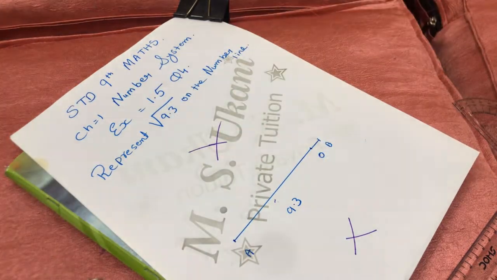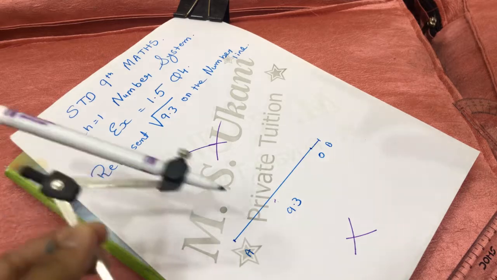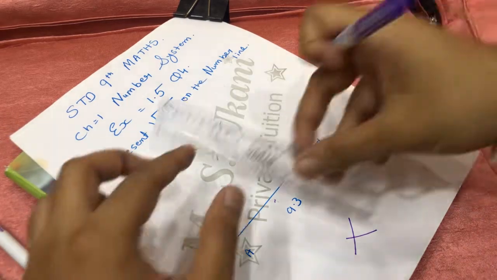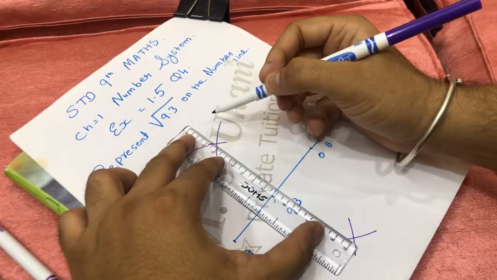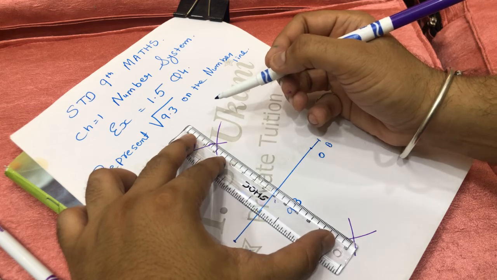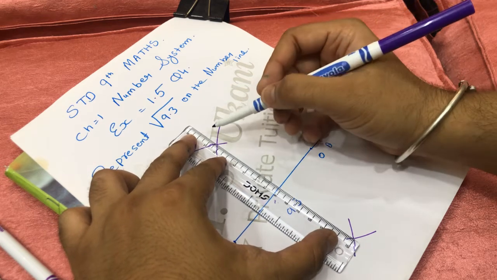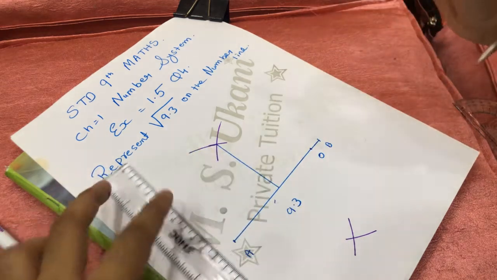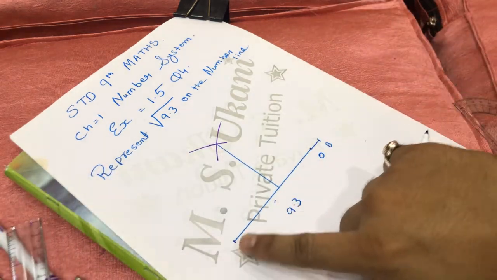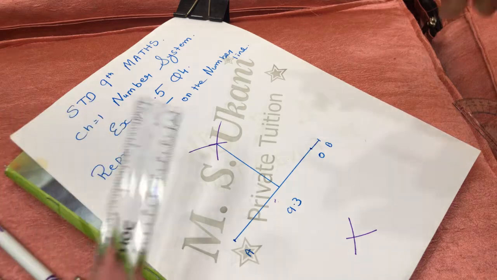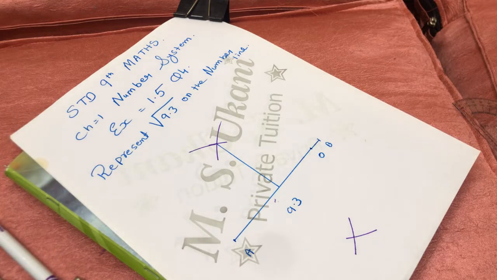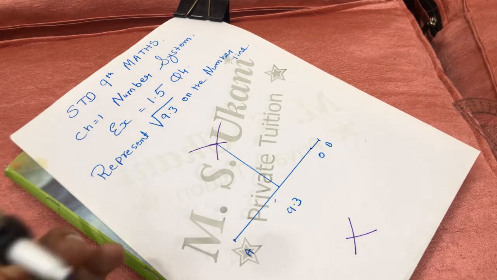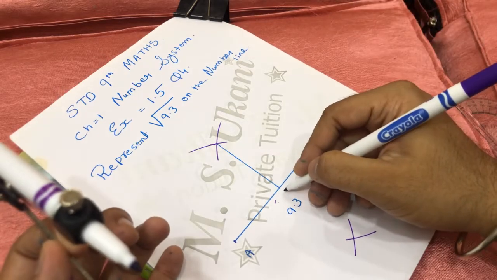So in this way, we will get the midpoint of line segment A and B. See, here we get the midpoint of A and B. Now we will give the name over here, that is C.